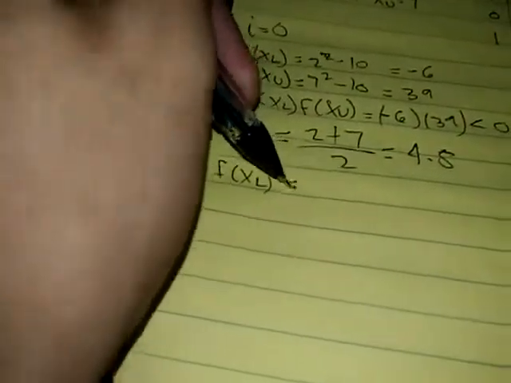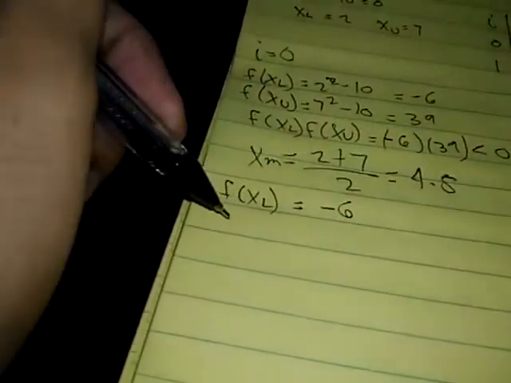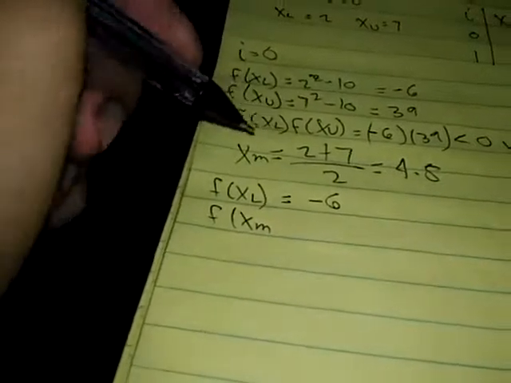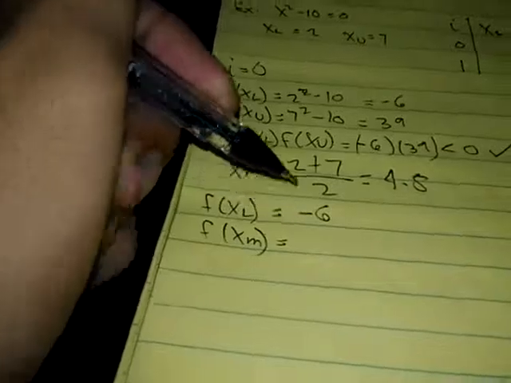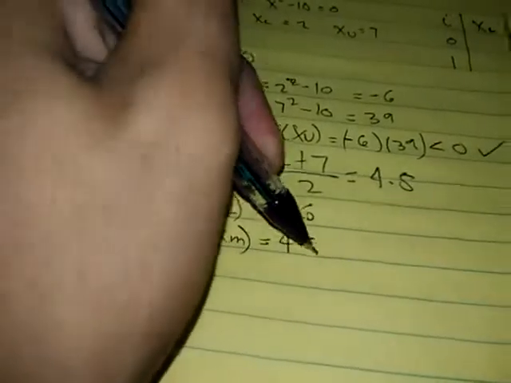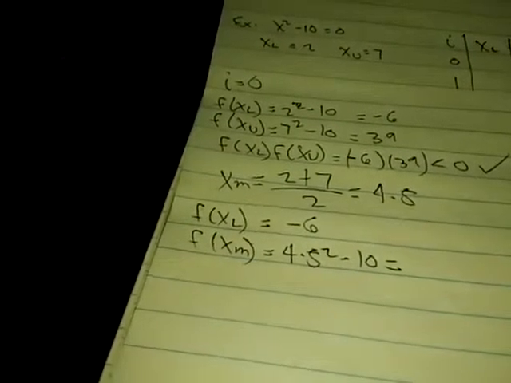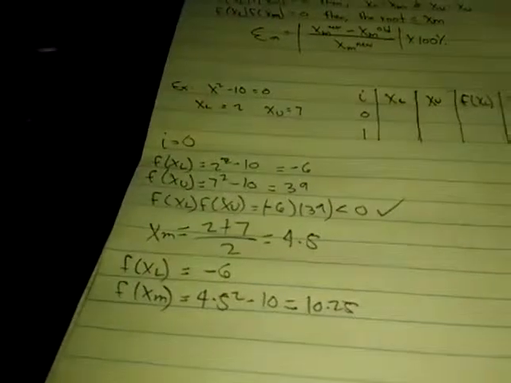So, yung sagot natin dito is negative 6. Then, f of xm, ito nga siya. So, 4.5 squared minus 10 is equals to 10.25.